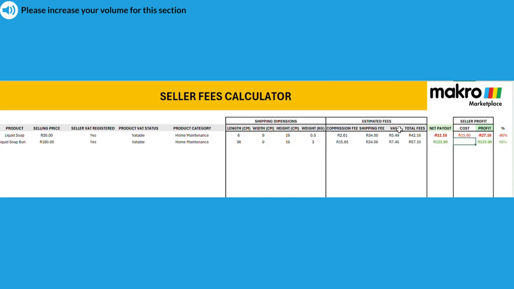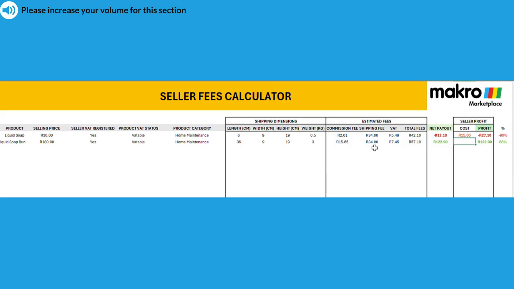Now what you'll notice is that the commission fee is applied on the 180, so it's slightly higher. But, and this is the most important part, the shipping fee has stayed exactly the same. Even if you're selling this liquid soap as a pack of 6 with a bigger, heavier box, it still falls in that light and small category, and it's still being applied a 34 Rand shipping fee.